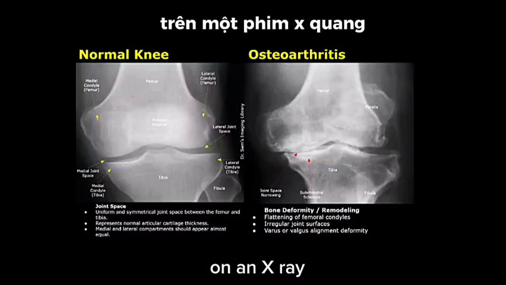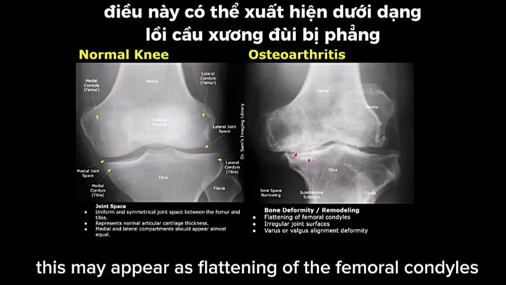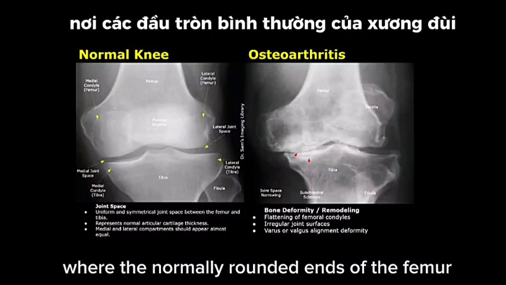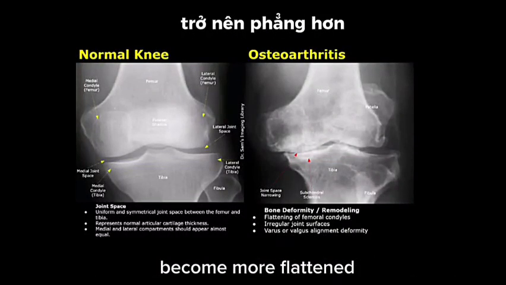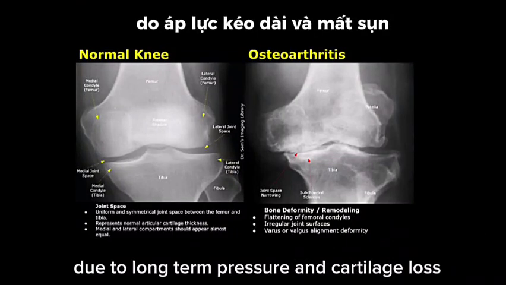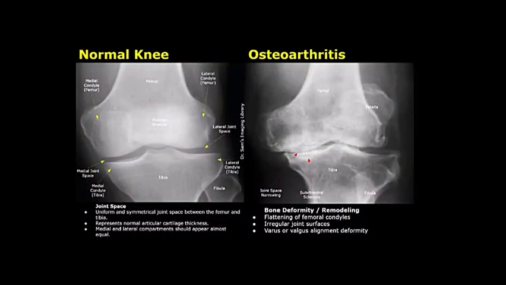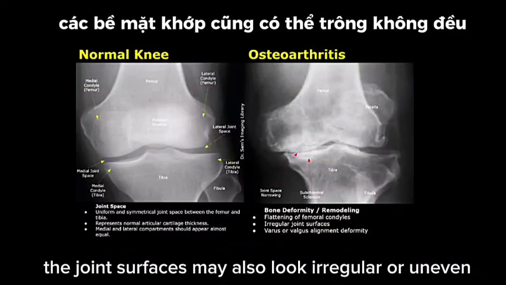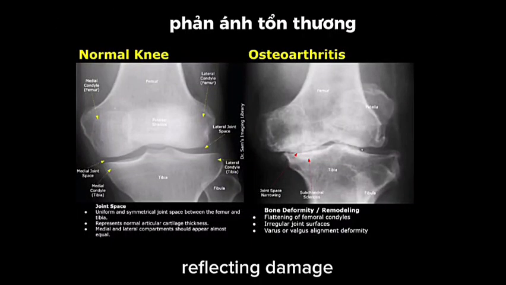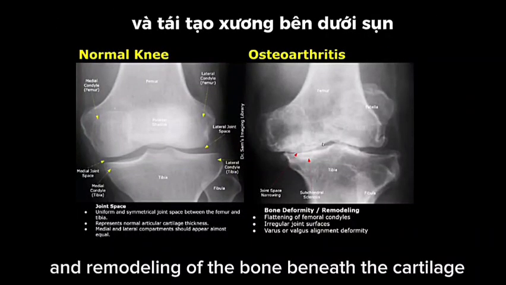On an X-ray, this may appear as flattening of the femoral condyles, where the normally rounded ends of the femur become more flattened due to long-term pressure and cartilage loss. The joint surfaces may also look irregular or uneven, reflecting damage and remodeling of the bone beneath the cartilage.